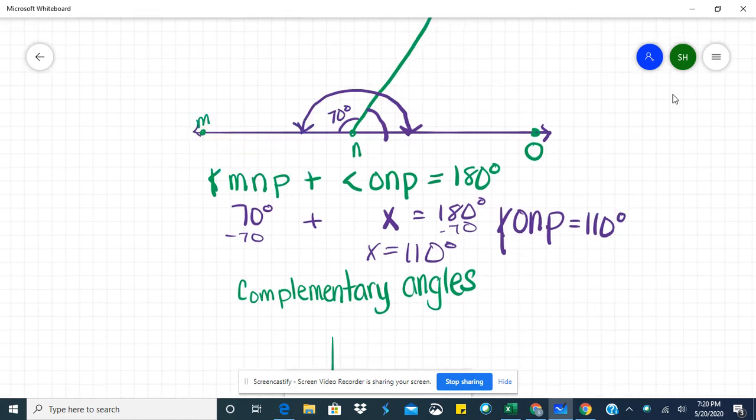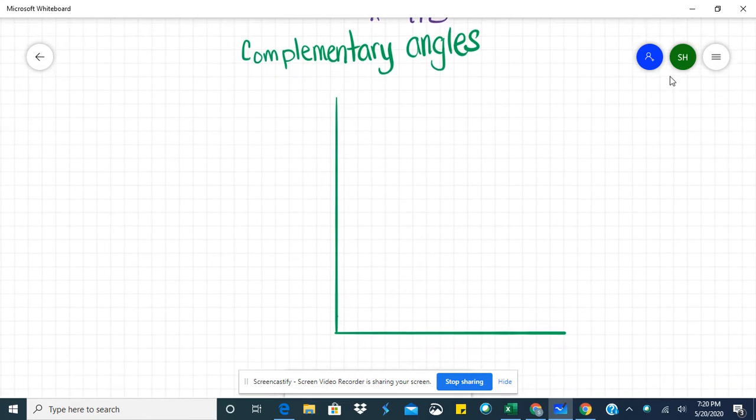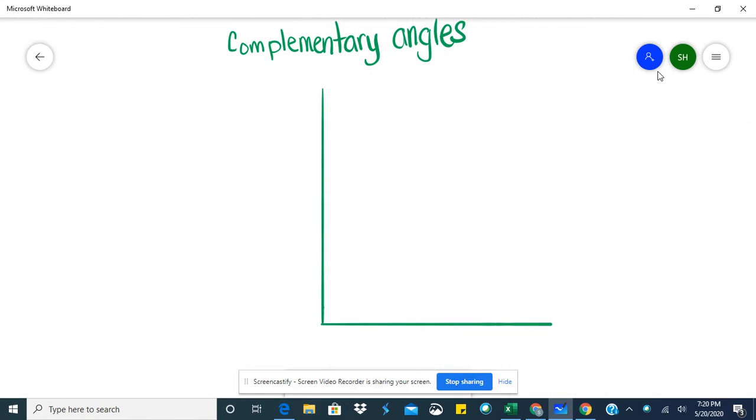The next one is complementary angles. So let's scroll down to that. Complementary angles is when two angles added together equals 90 degrees. So this entire angle is a 90-degree angle.